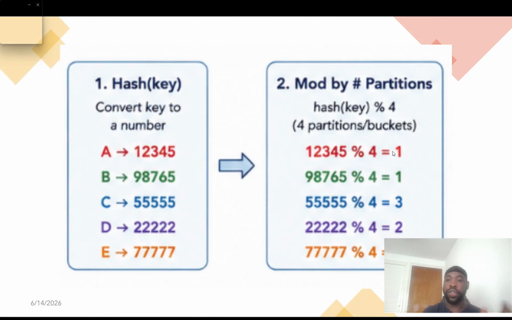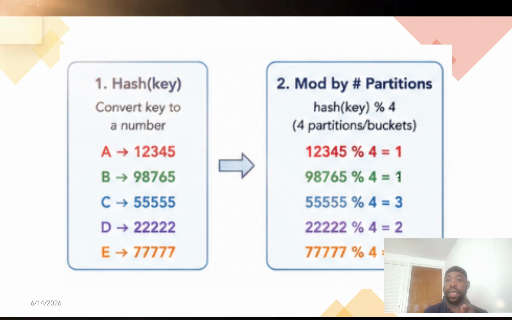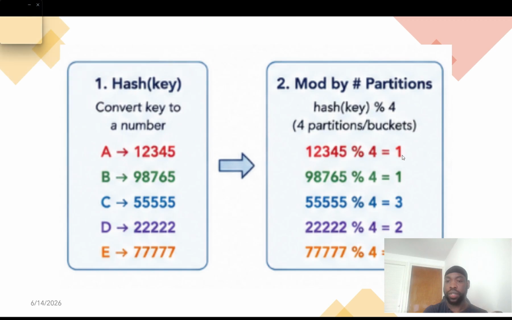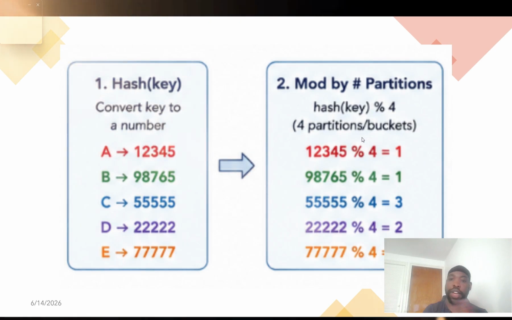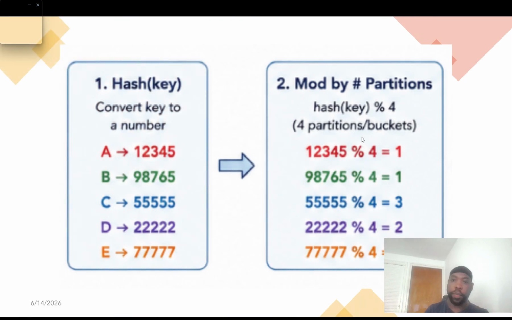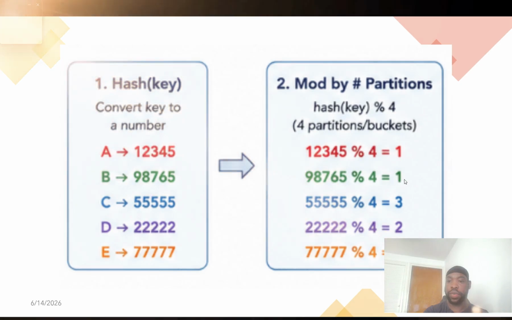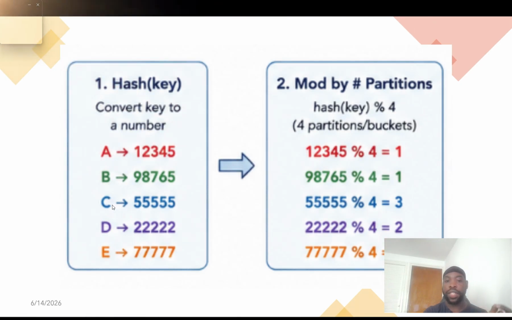Now you see, that 1 here is the partition. You can think of a partition as a bucket. If you have 4 partitions, you have 4 buckets. So this is bucket 1, and this is also bucket 1. If you hash key C and take modulus 4, you get partition 3.